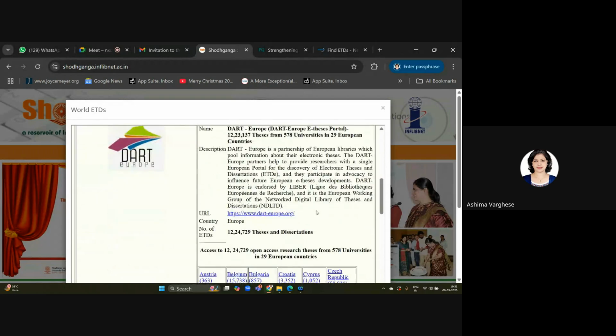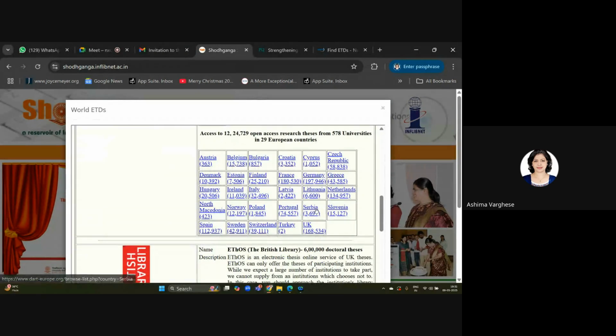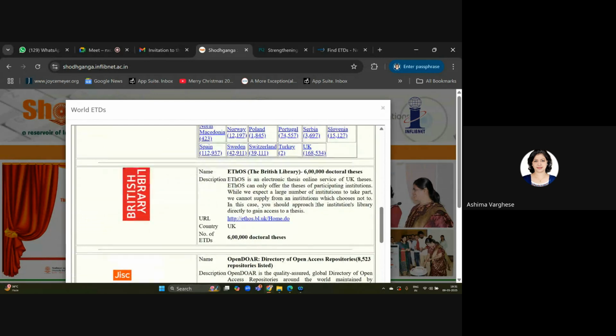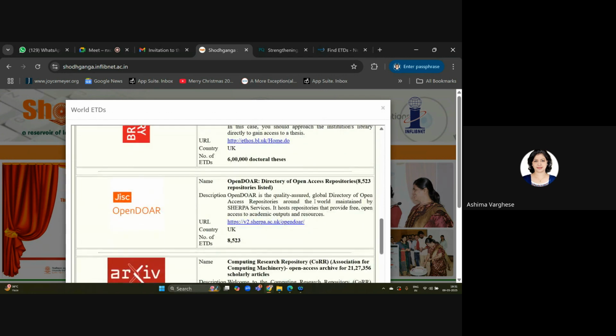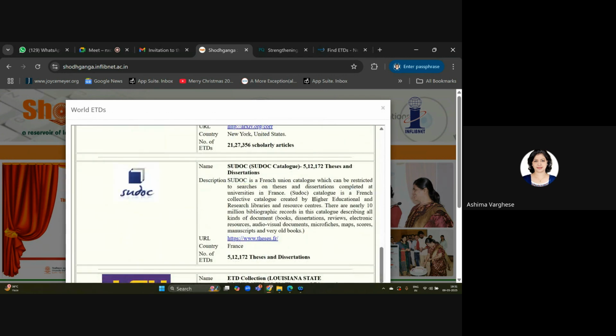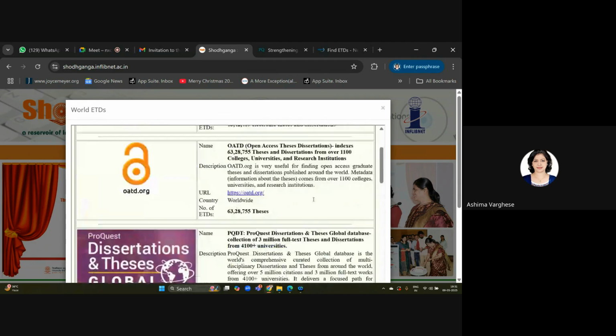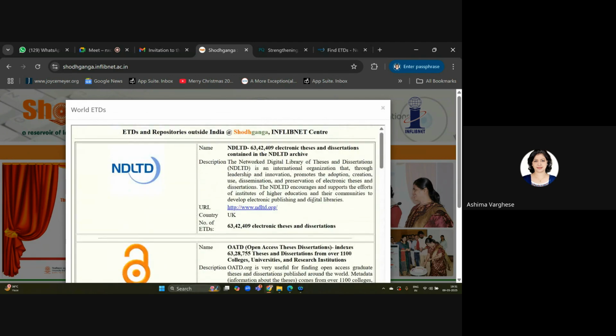You can also refer to different types of repositories, the British one, European ones, OpenDOAR. There are many repositories. Otherwise you can always stick to Shodh Ganga, because it is our own Indian repository, and we are supposed to refer to that first.